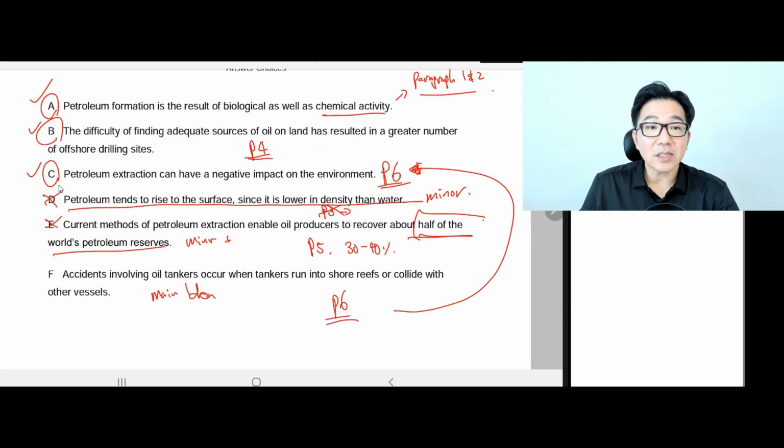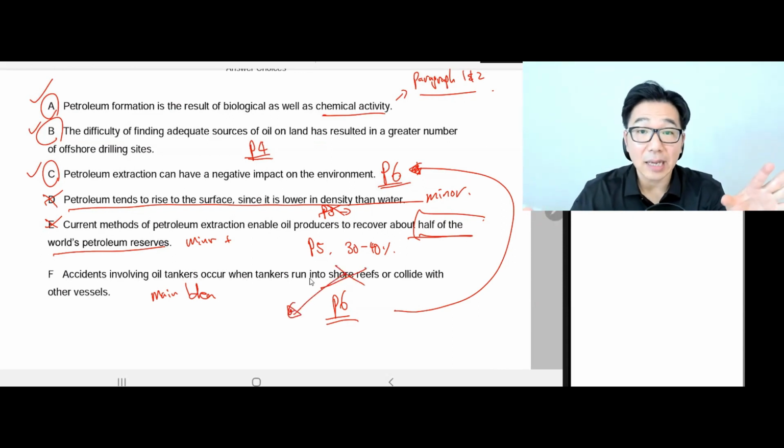So C is the perfect answer to cover paragraph 6. Within paragraph 6, this one tiny example can't be the answer. So it's already wrong, and it may also be wrong information as well as being detailed. Let's double check. Accidents involving oil tankers occur when tankers run into... yeah, it's not mentioned. So it's a thank-you answer choice.